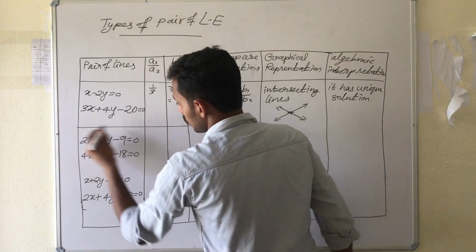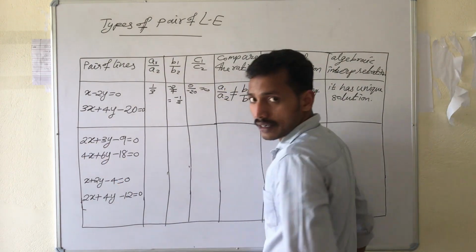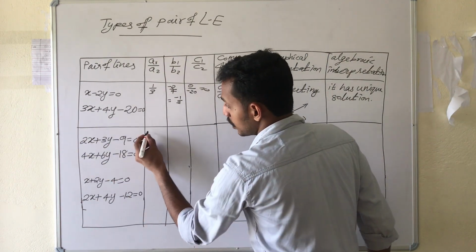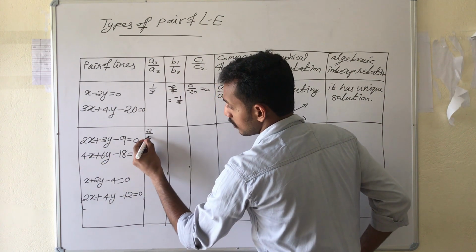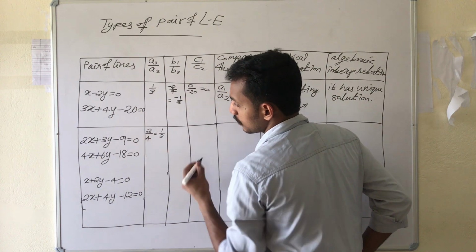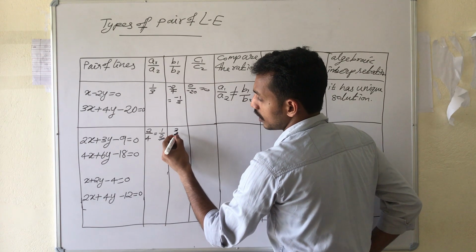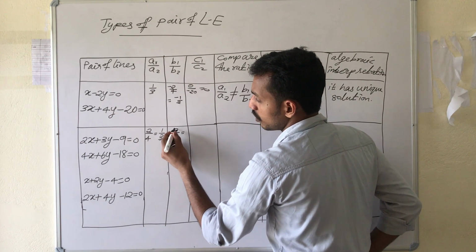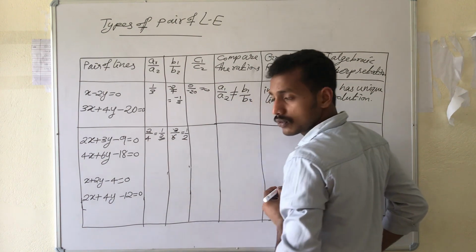Now, take a second example. What is a1 by a2? 2 by 4, which simplified is 1 by 2. Now, b1 by b2 is 3 by 6, which again simplified you will get 1 by 2.